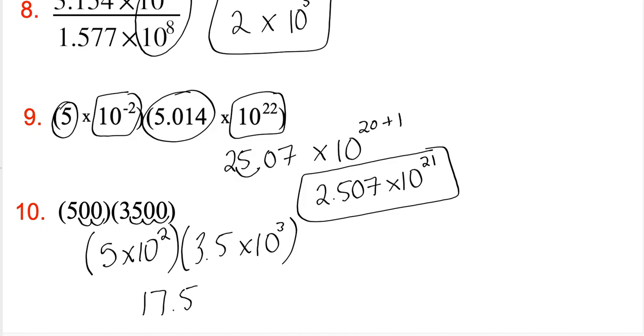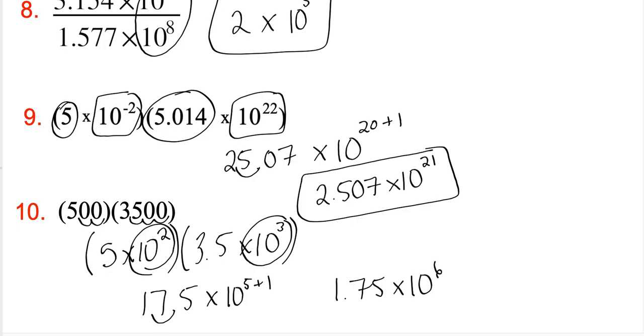And then exponents of 10, we're going to add those together, times 10 to the 5th. And then ask yourself again, is that number less than 10? Doesn't look like it. 17 is bigger than 10. So bigger number, add to that exponent. We're moving it one place. So 1.75 times 10 to the 6th. And there you have it.